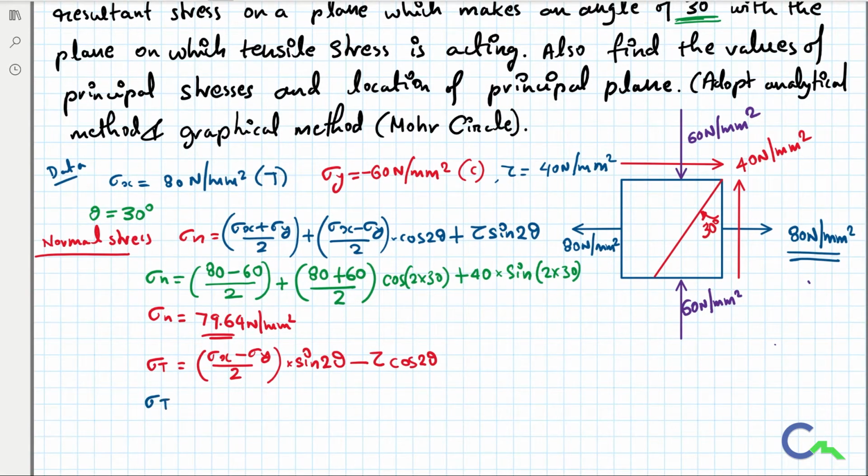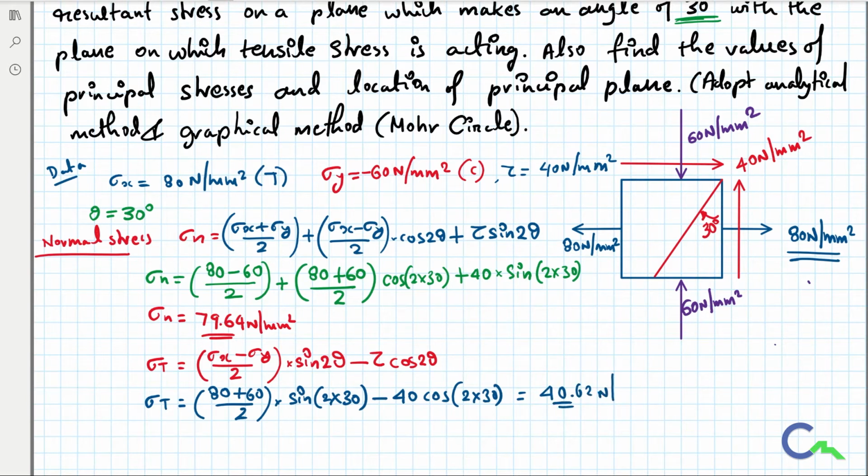So sigma t is equal to sigma x is 80, then minus of minus 60, that will become plus 60, divided by 2 into sin 2 into 30 minus 40 into cos 2 into 30. After the calculation we will get the answer 40.62 Newton per millimeter square.